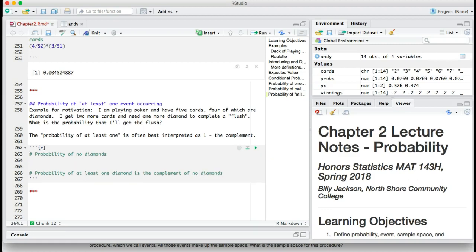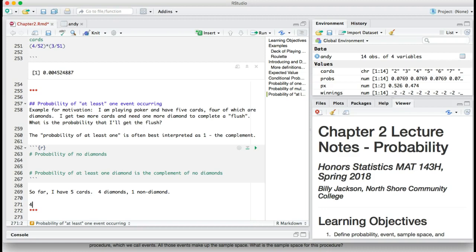So the probability of getting no diamonds would mean I get 2 cards in sequence and they are both not diamonds. So let's think about this probability. Maybe I'll write some stuff down here. So far, I have 5 cards. I have 4 diamonds and 1 non-diamond. So how many cards are left?